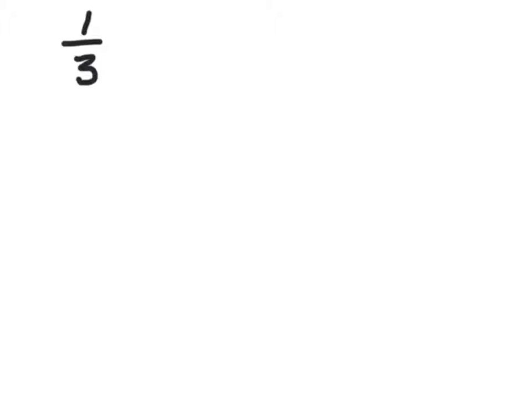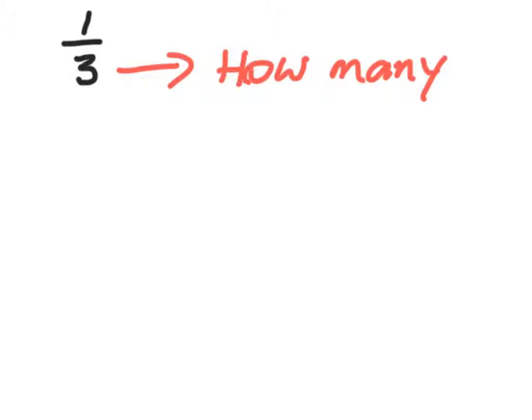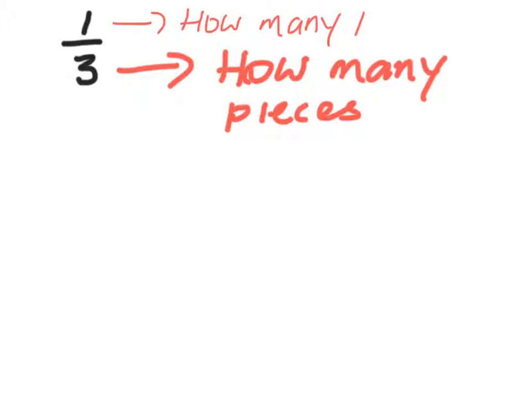Okay, so the number on the bottom tells you how many pieces we are dividing into, and the one on the top tells you how many I'm interested in, or how many I have, say.